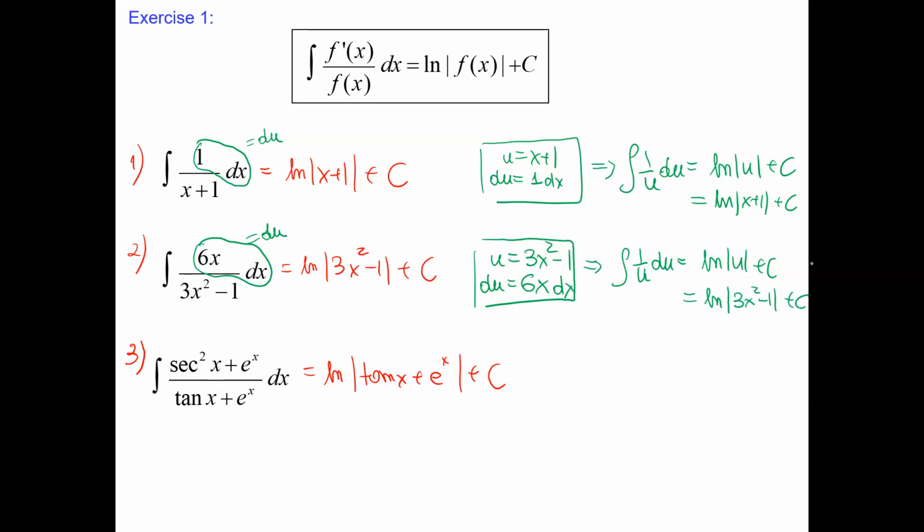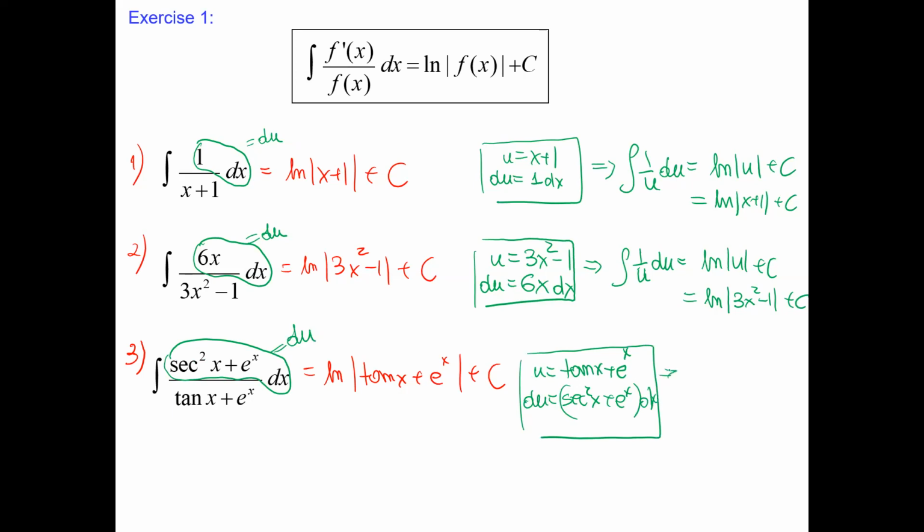We can see we have managed to remove that x expression from the numerator, and then we can substitute back the x variable. Okay, and the same: u is the denominator, tan x plus e to the x. Then the derivative of u will be secant squared of x plus e to the x dx, and this is sitting and waiting for us to be replaced with the du.